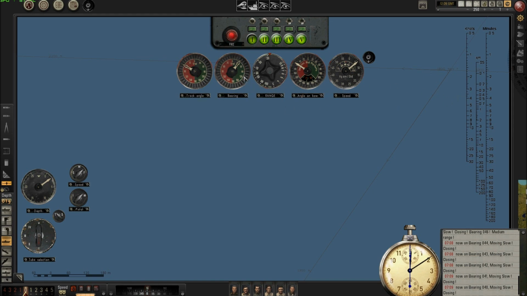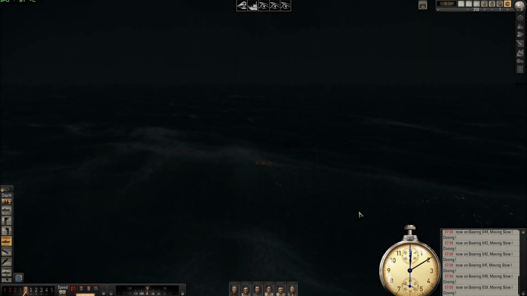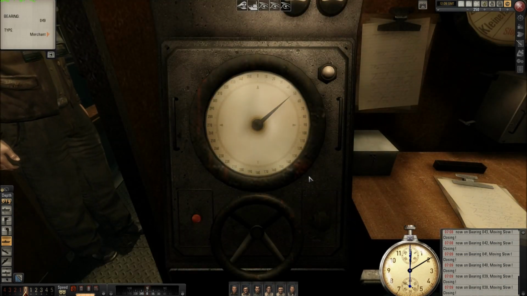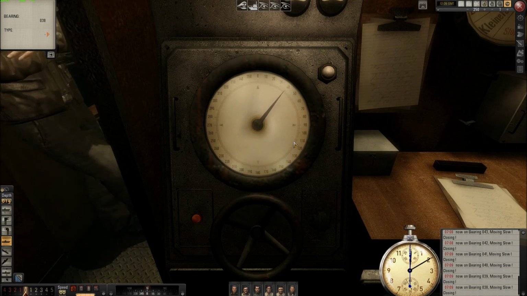I have the bearing 35 degrees. I have the range, I have everything, and what I need now, I need the ship to be there. It's already 39, so I go here. Bearing 038. 037.